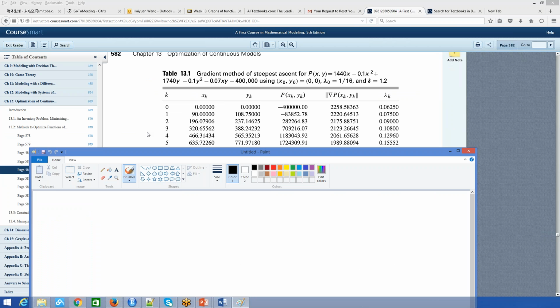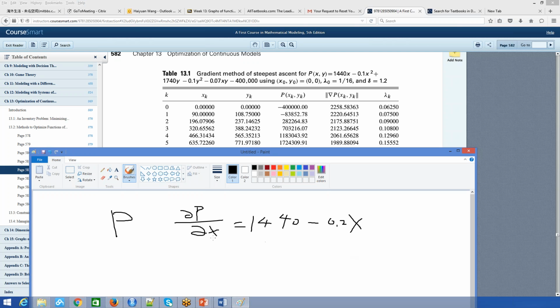For this particular function p, if we take the partial derivative with respect to x, what we get is 1440 minus 0.2x minus 0.07y.